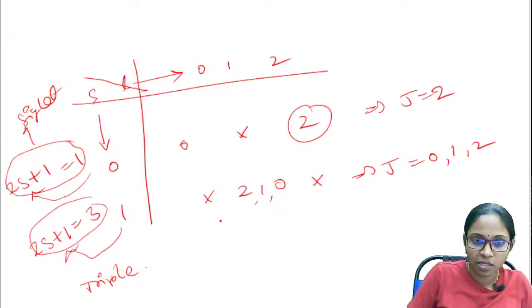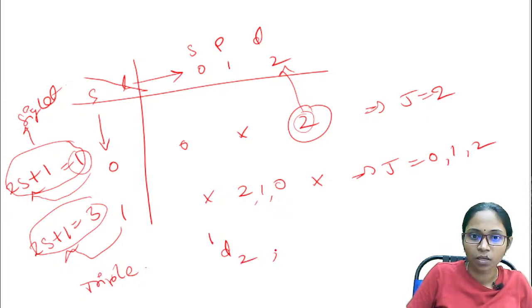For the singlet case we have 1, and 2 is for D, as per the L values. So for 2 we have the D orbital and J value is 2, that is 1D2. And for the triplet case, first of all write the L value, that is P, and J is 0, so 3P0, 3P1, 3P2.